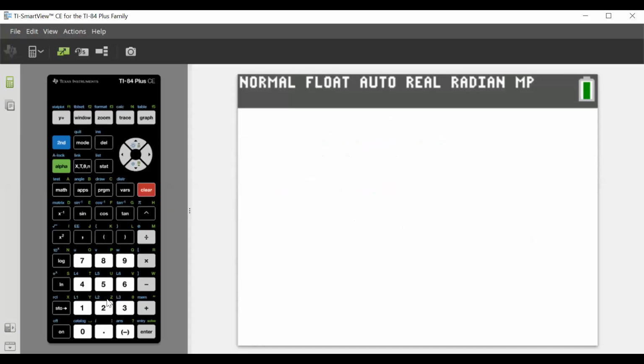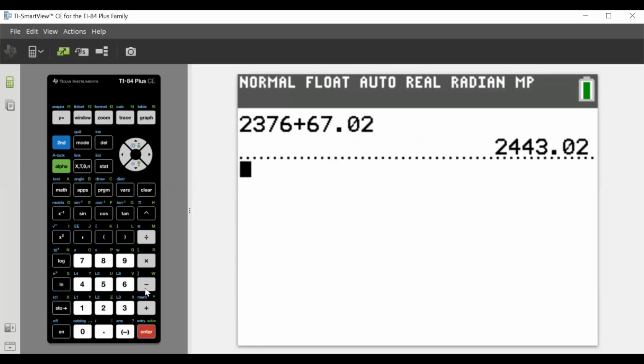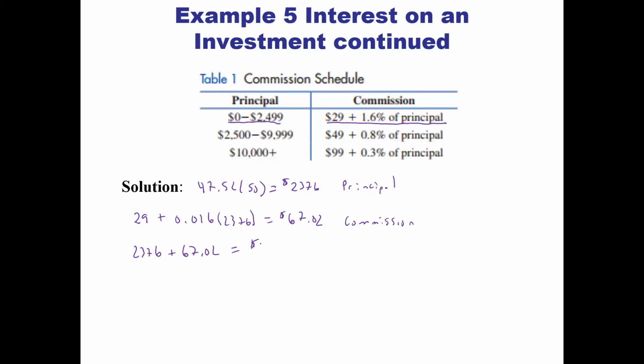Let's clear that so we can read: 2376 plus 67.02, and it's 2443.02. That's the total investment from the principal, the commission, and everything combined, okay?